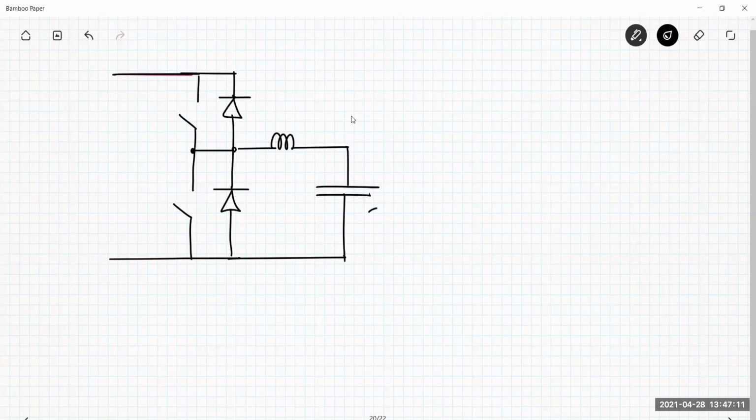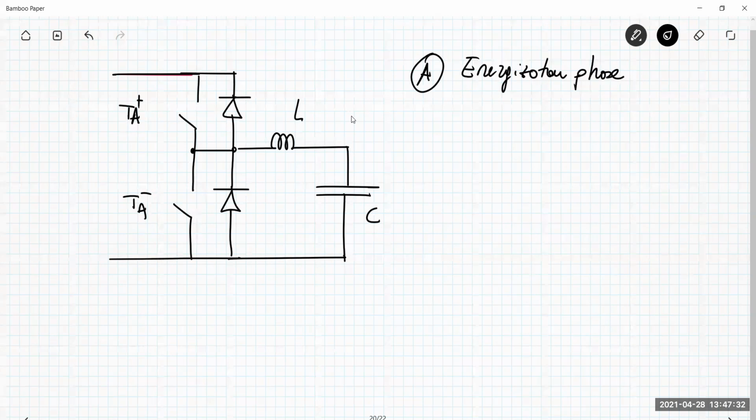This is the capacitive model of my piezo material. Then I have Ta plus, Ta minus, etc. In the first phase, which I call A, the energization phase, I provide energy to the capacitor.